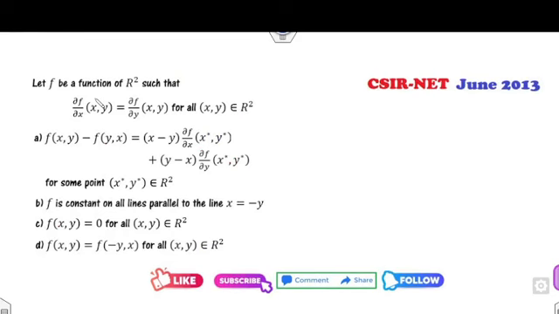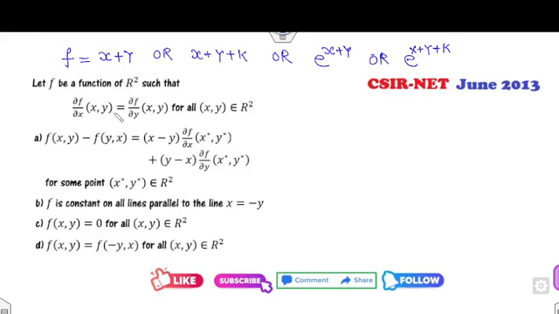Look at this another function. f is a function such that the first partial derivative and second partial derivatives are the same. So definitely the function could be of this form, or this form, or this form, or this form. These are the only possibilities when the partial derivatives are the same, or in general you can say f of x, y is a function of x plus y form.